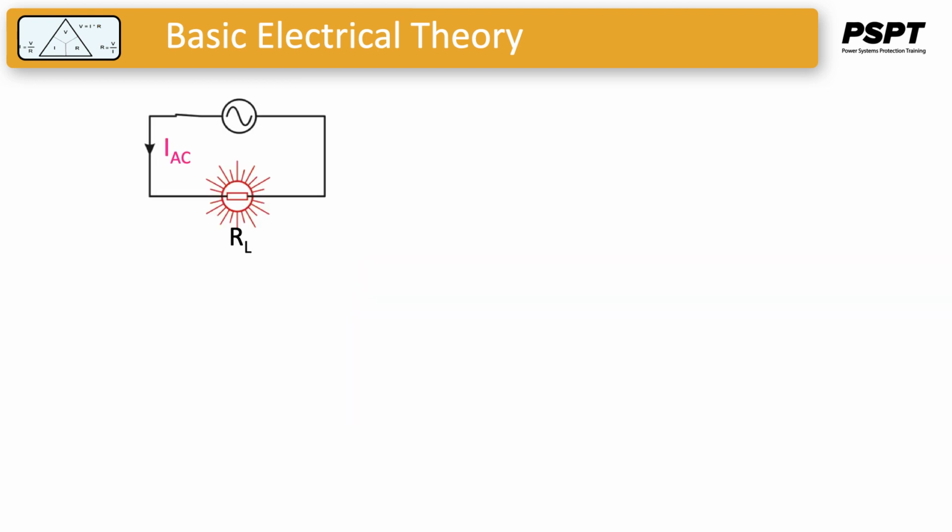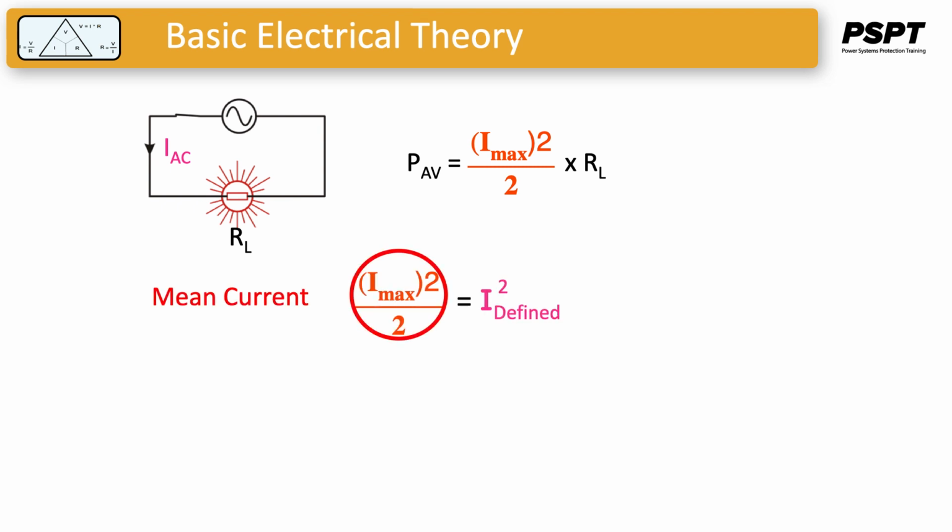We just saw from the previous slide that the average power consumed in the circuit is given by this equation, which is equal to the maximum value of the current squared over 2 times the resistor. Let's define a current then that when used to calculate power gives us the average power.